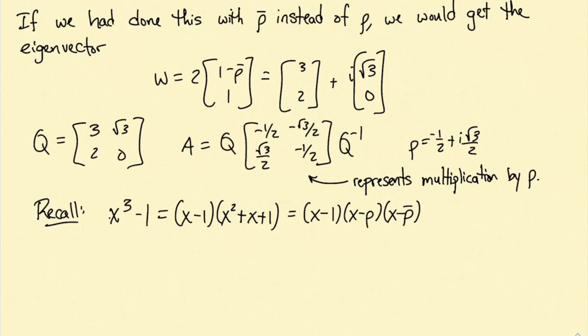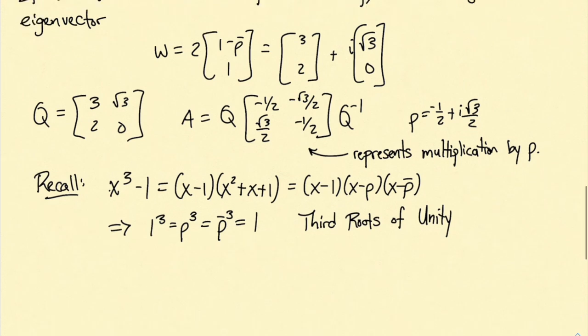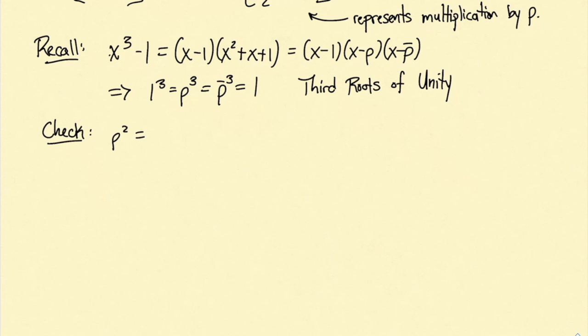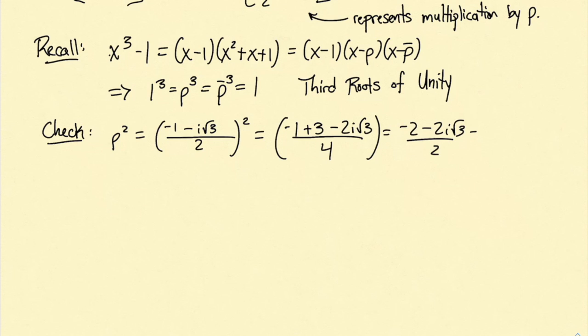So this tells us that the numbers 1, rho, and rho bar are the three complex numbers whose cube is 1. And we call these the third roots of unity. Another interesting fact is we could actually check that either rho or rho bar will generate these three elements in terms of multiplication.